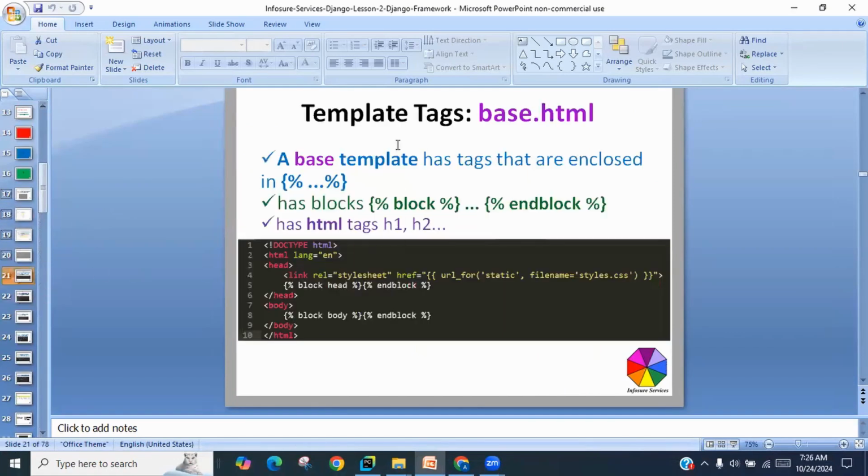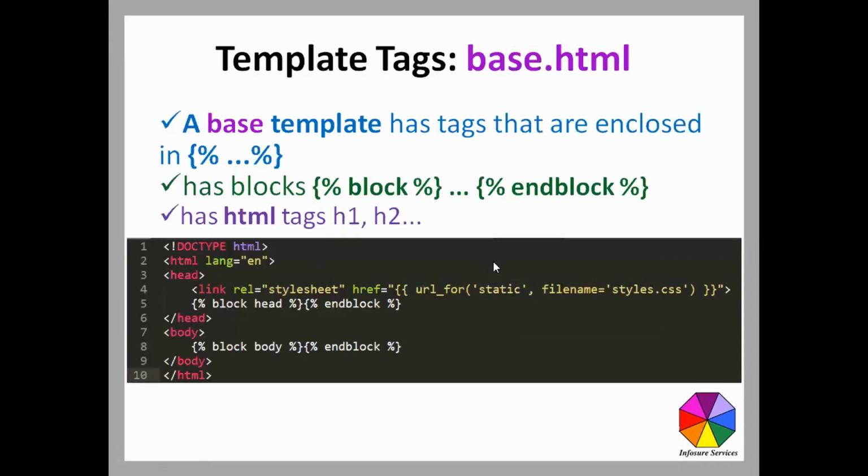Here there's a base template, which has the clutter with all these HTML tags: doctype, html open and close, head and all this. If you see, it has embedded block head, end block, block body and end block.